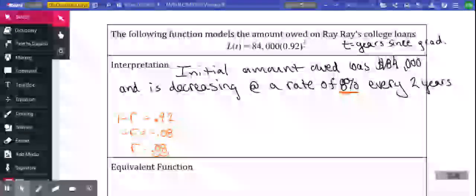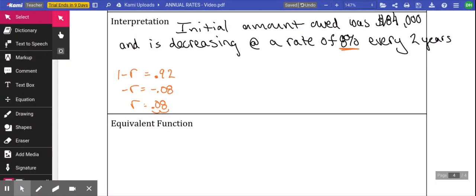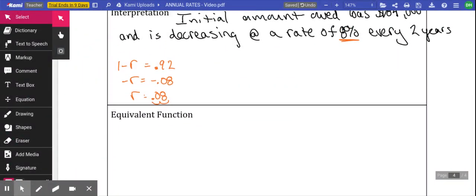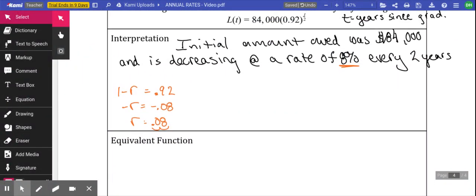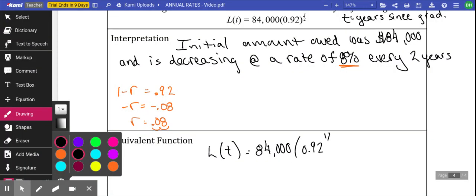Okay, so naturally the question that's going to evolve out of this is, well, at what rate is the amount owed decreasing each single year? So let's see if we can devise an equivalent function. And feel free to go ahead and give this a shot if you're starting to feel a little more confident here. 84,000, and then we'll go 0.92 raised to the 1/2 raised to the t.